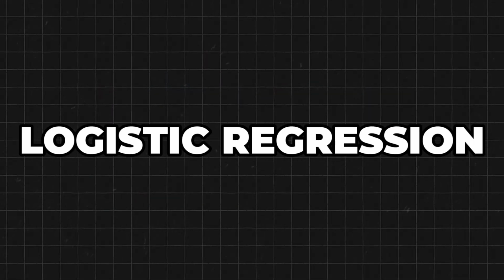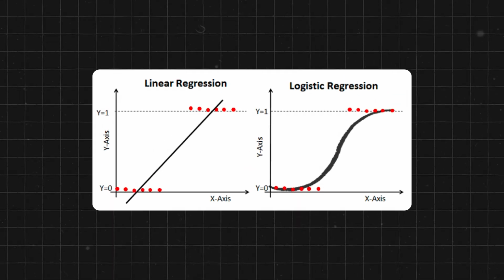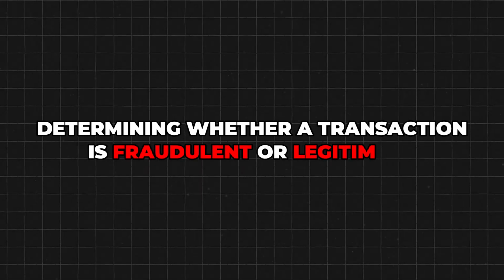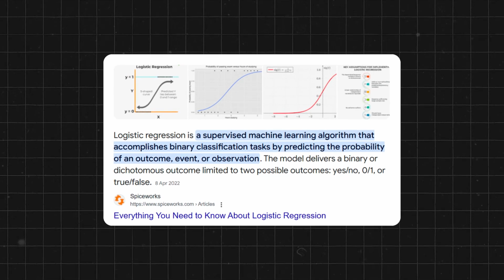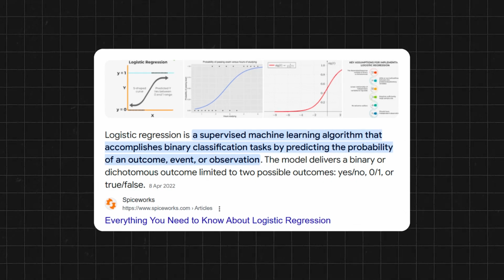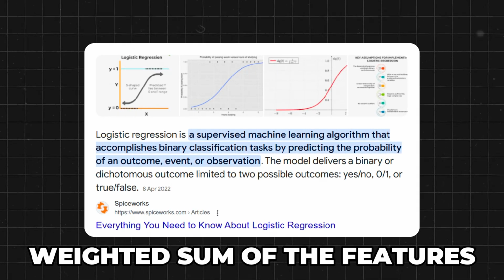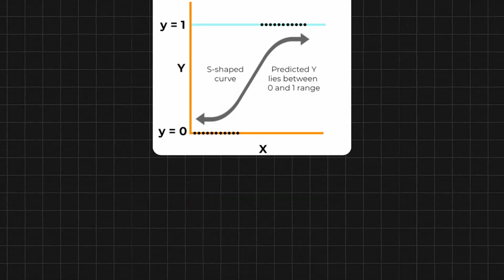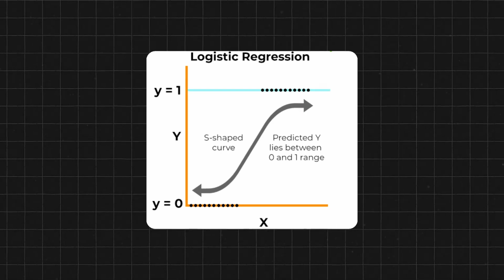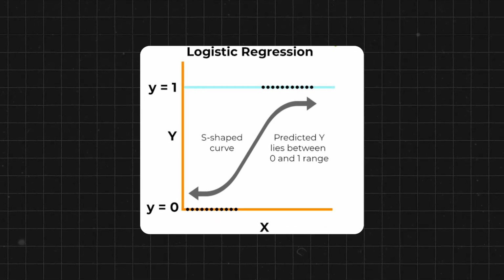When the goal shifts to classification rather than predicting a continuous number, logistic regression comes into play. This method is designed for binary outcomes, such as determining whether a transaction is fraudulent or legitimate. Instead of directly predicting an outcome, logistic regression computes a weighted sum of the features, similar to linear regression, and then applies the sigmoid function to transform this sum into a probability value between 0 and 1.